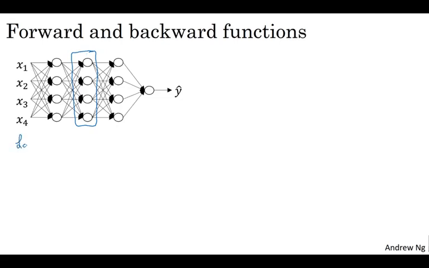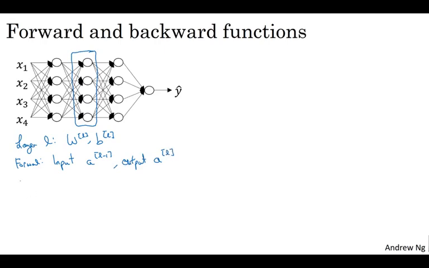Let's pick one layer and look at the computations focusing on just that layer for now. So for layer L, you have some parameters WL and BL, and for the forward prop, you will input the activations A L-1 from the previous layer, and output AL.